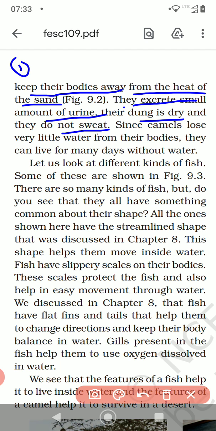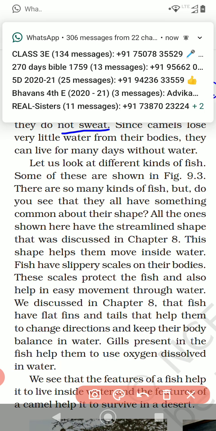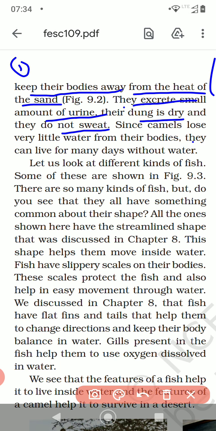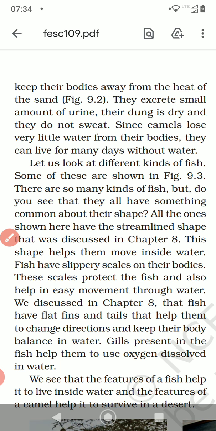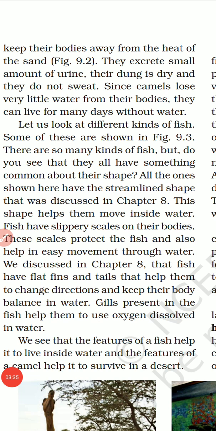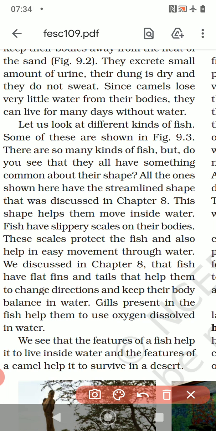Because there is very little water available, the body tries to keep the water within itself. So their dung is dry and they excrete very little urine.